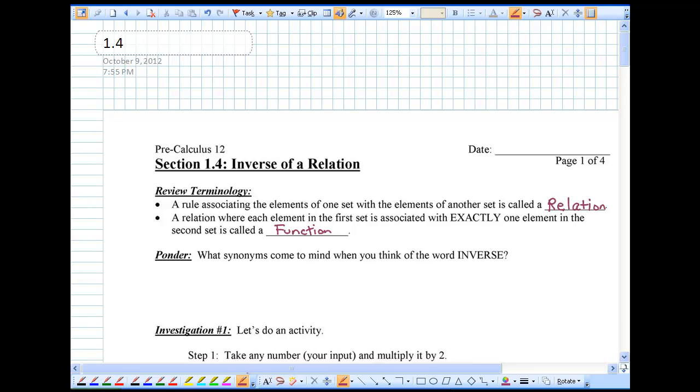I'm going to ask you to think of what synonyms come to your mind when you hear the word inverse. If I asked you to do the inverse, what words would come to mind? Perhaps you can go to Google right now and find out. But let's say Google and your internet is down.